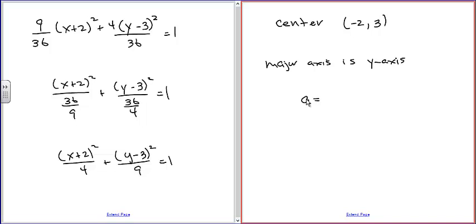So A is 3, square root of 9. B is equal to 2, the square root of 4. C squared is equal to 9 minus 4, or 5. So C equals the square root of 5. And the square root of 5 is 2.24.